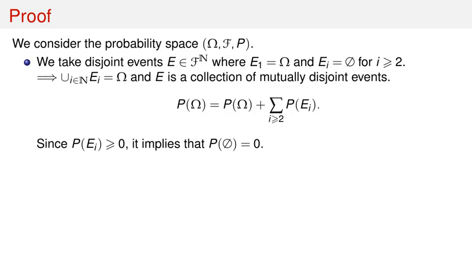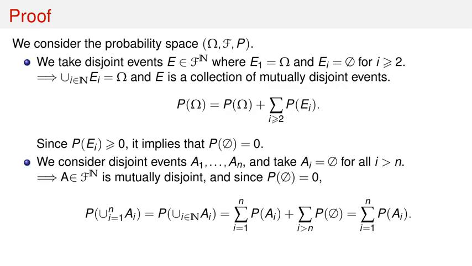The union of all E_i is Ω and they are mutually disjoint. By sigma additivity, P(Ω) equals P(Ω) plus the sum for i greater than or equal to 2 of P(E_i). Since P(E_i) must be non-negative, this implies that P of the empty set must be 0.